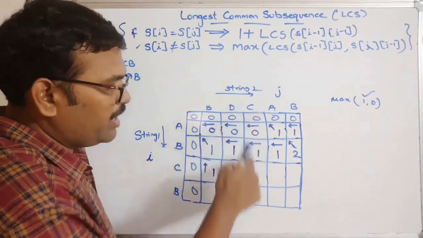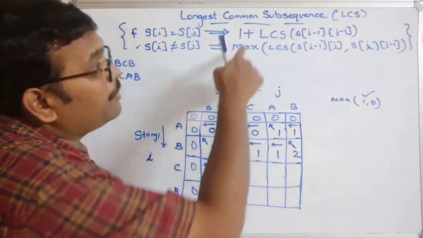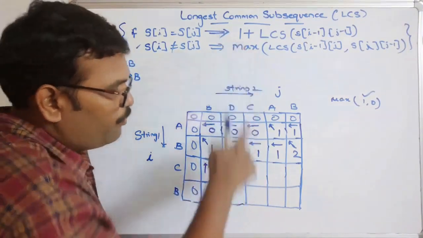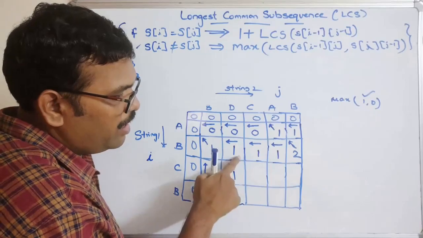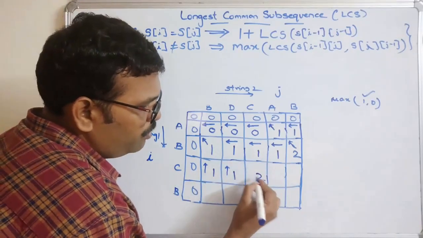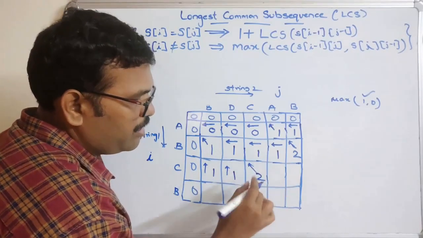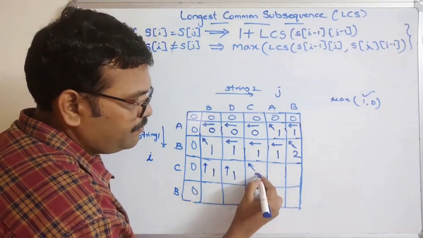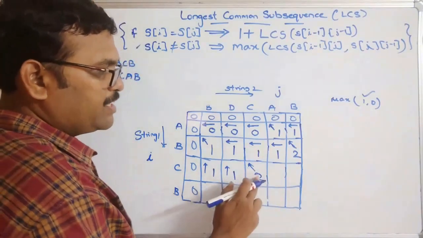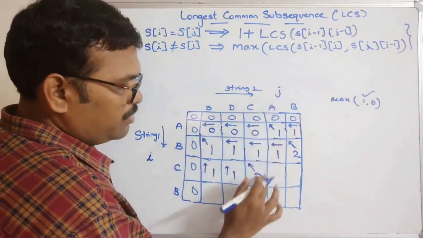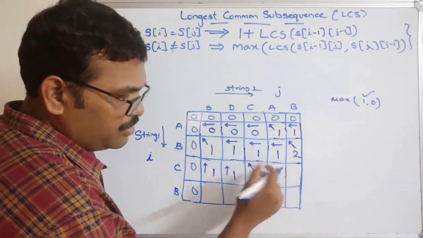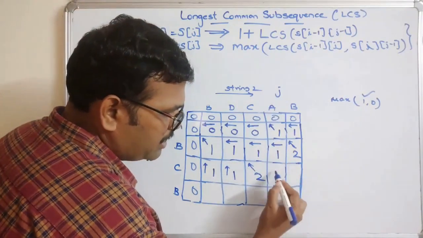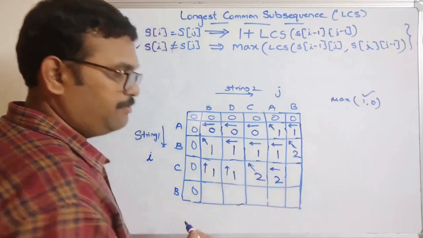Next, C and C both are equal. Now we have to increment by 1 this particular diagonal element. So it becomes 2, and here we have considered like this. Okay, next, C and A both are unequal. So 1 and 2 are there diagonally, so we consider the maximum. So I will consider 2, and this is from this cell.